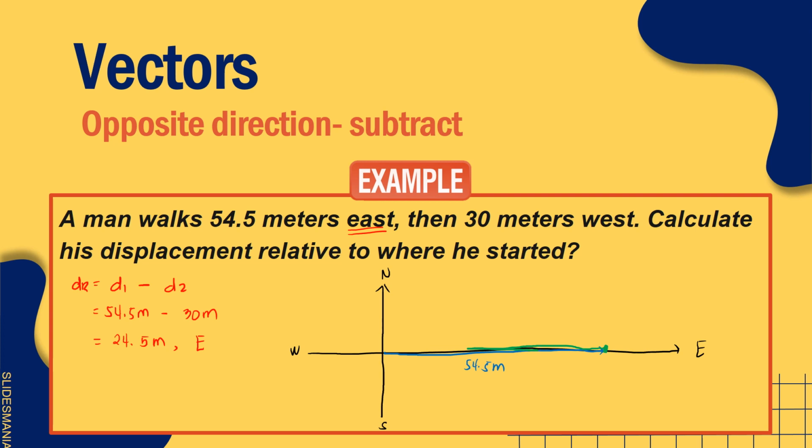Assuming that this is already 30 meters, therefore the resultant displacement is from the end point of the distance 1 up to the point of origin. So we have dr, and your dr is equal to 24.5 meters due east. So our final answer is 24.5 due east.